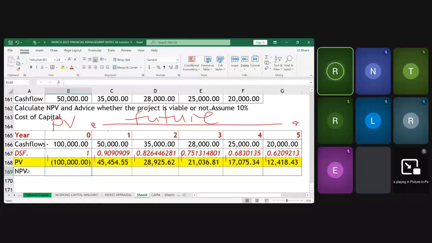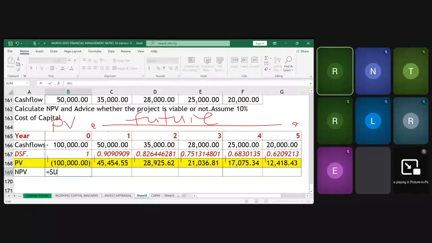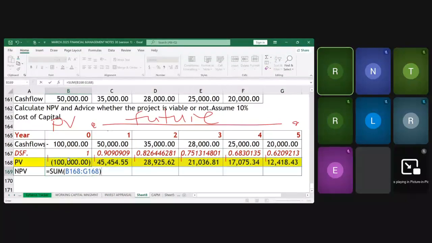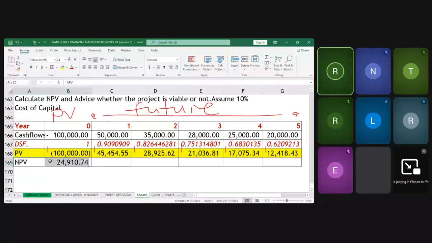When you combine the 2, you should get a net. But your net should be positive in order for you to accept. I'm going to add all my present values from year 0 up to year 5. This is what I get. I'm getting a net of 24,910.